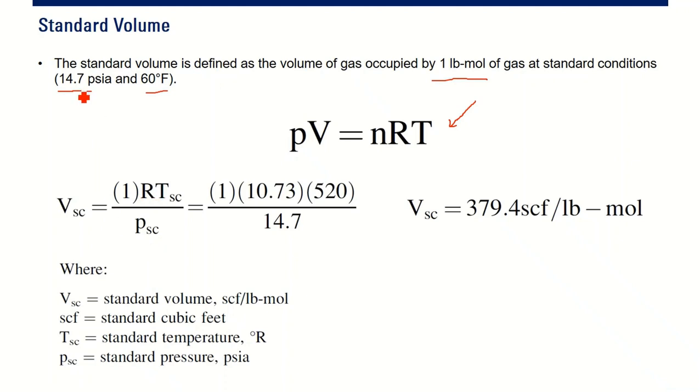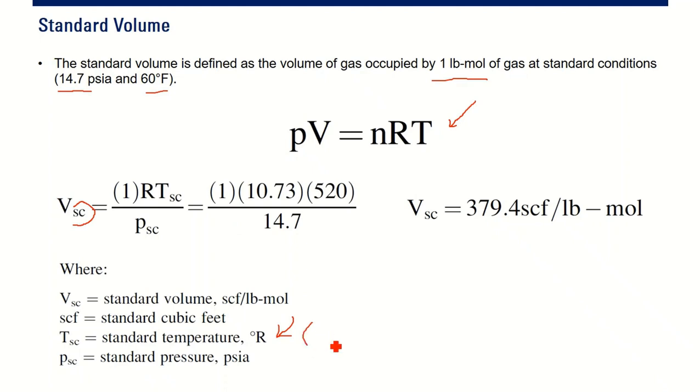But because this is a standard condition, then you have this index SC, which means standard condition. So standard condition for temperature is 60 Fahrenheit. But notice this is in Rankine. So 60 plus 460.